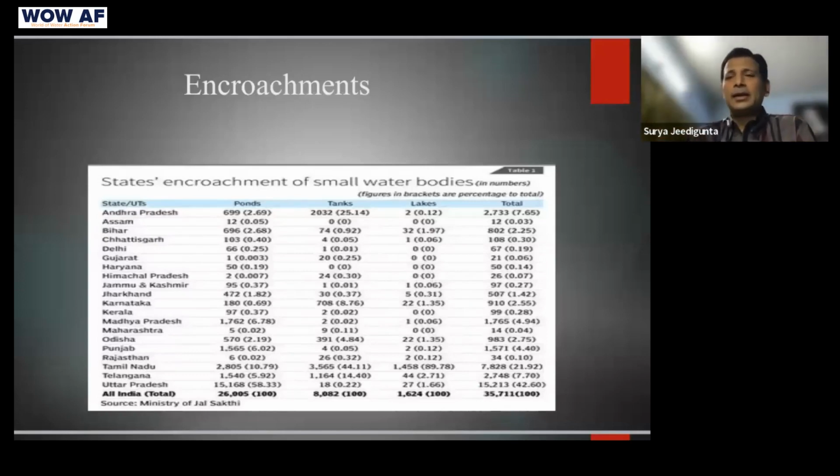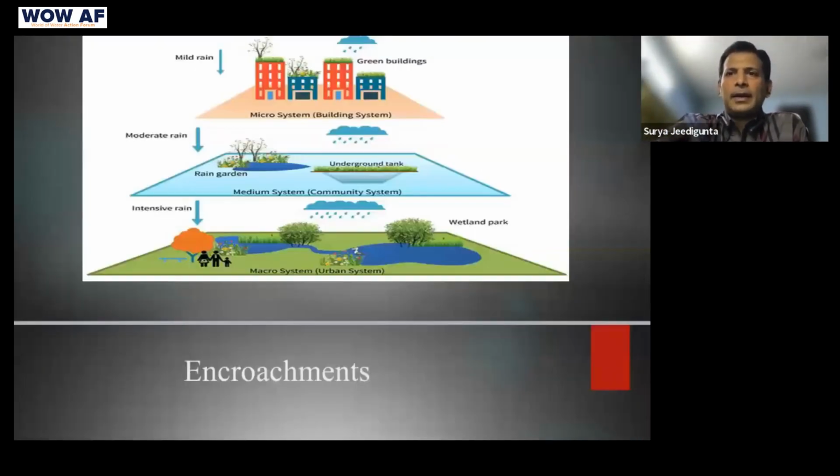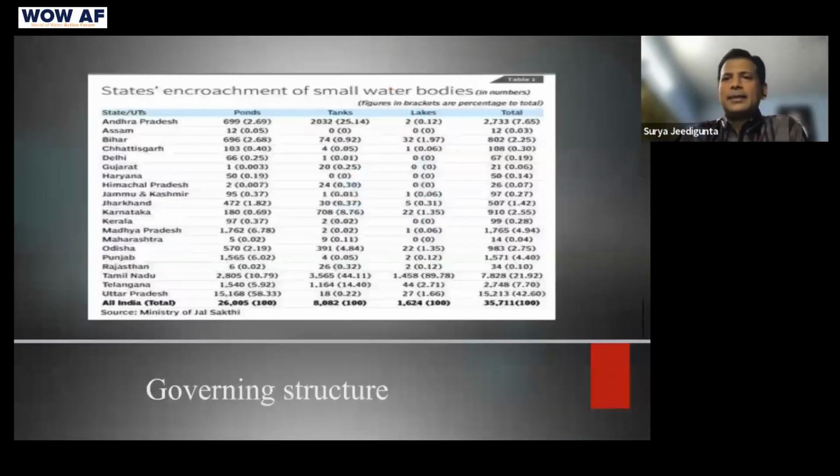It is very, very important. I really like that we have started creating that census of all the water bodies, out of which 83% are in use, and approximately 16% have either dried up or are contaminated and not usable. So the first step, as I said in the previous slide, in the heavy rains, the macro system where we need wetlands, ponds, lakes.